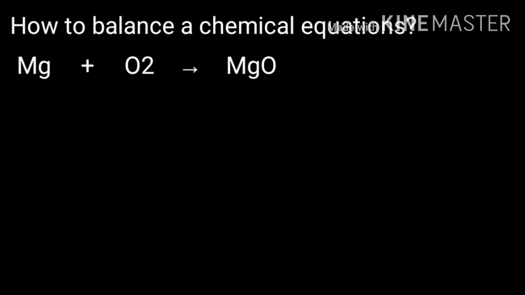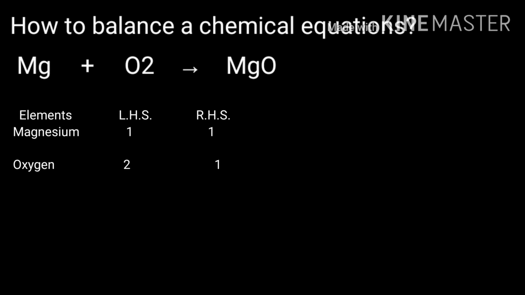See students, this equation is known as a skeletal equation, and to balance this equation we need to make three columns. So first we will balance the number of atoms on both sides. If we balance the number of atoms on both sides, mass will be balanced itself. For this, first we will make three columns. In the first column we write the elements.